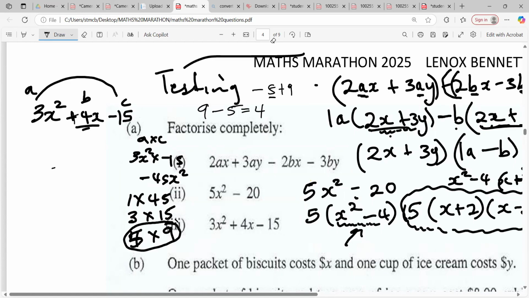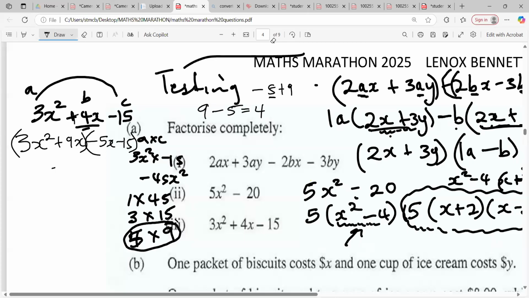But let me just take the 3 with the 9. So that'll be 3x squared plus 9x minus the 5x minus 15. And then of course we bracket them out.